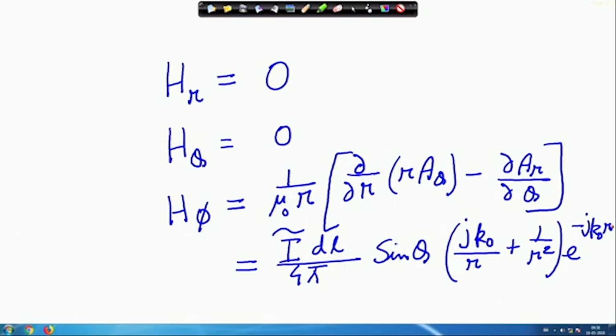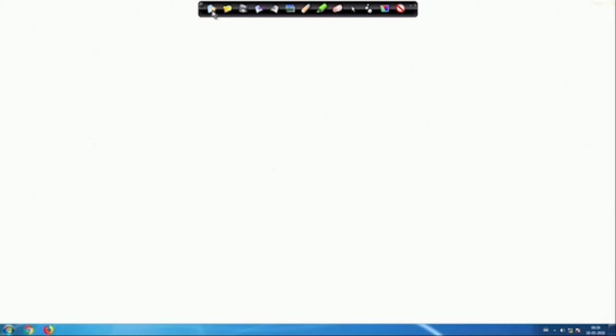Now, we will modify it because here there are k naught by r terms. We do not want that, we want 1 by r square like terms. So, we just manipulate and write this very important magnetic field, the phi component.